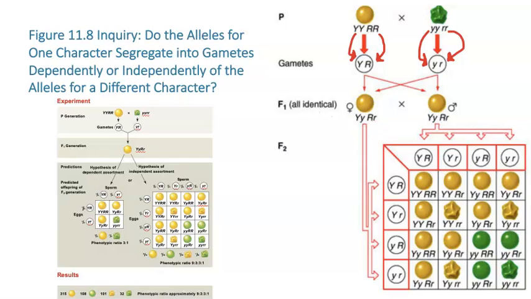Now, I'm going to draw those out here for you. So let's just do it over here on the side. Big Y, little y, big R, little r. And we're trying to figure out all the possible gametes. The way you do this is something like this version of FOIL that you've been learning in algebra class, basically all of your adult life.